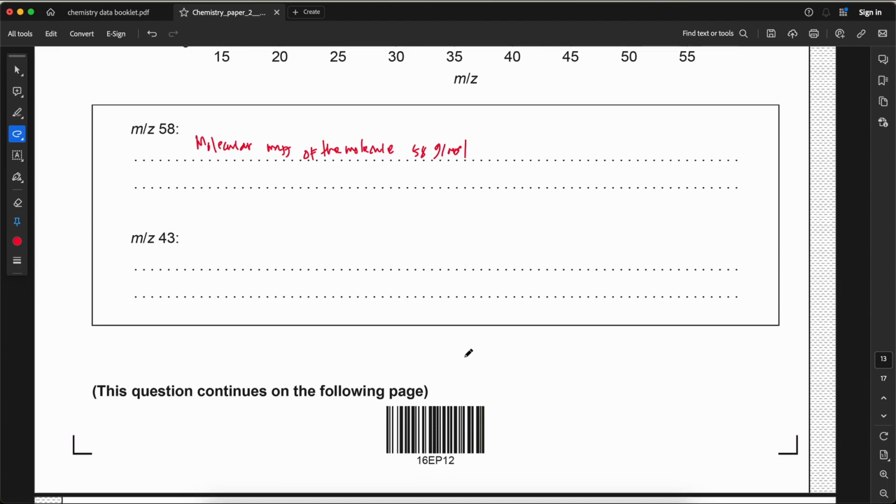And what about 43? 43, when the molecule loses a methyl or CH3 fragment. 58 minus 43 is 15. 15 is a CH3 or methyl fragment. This is 15 gram per mole.